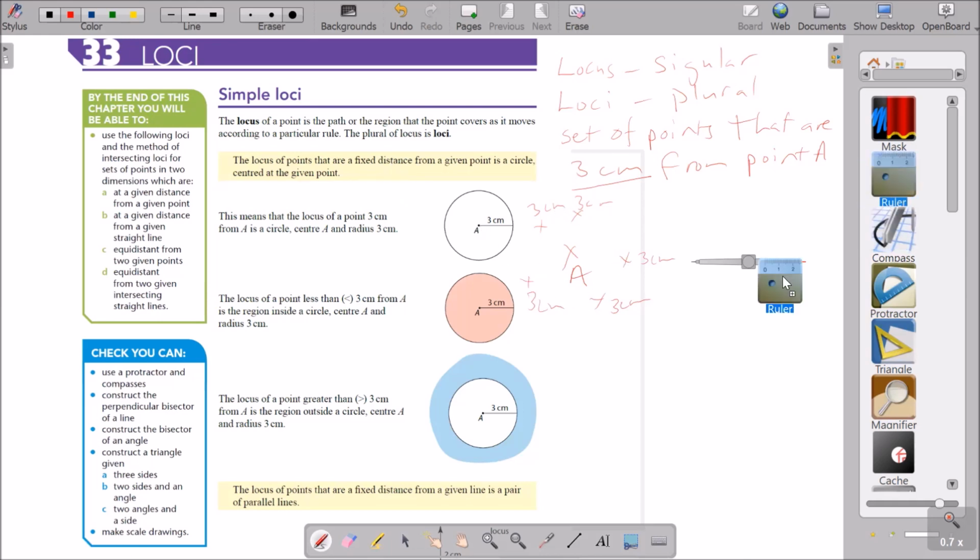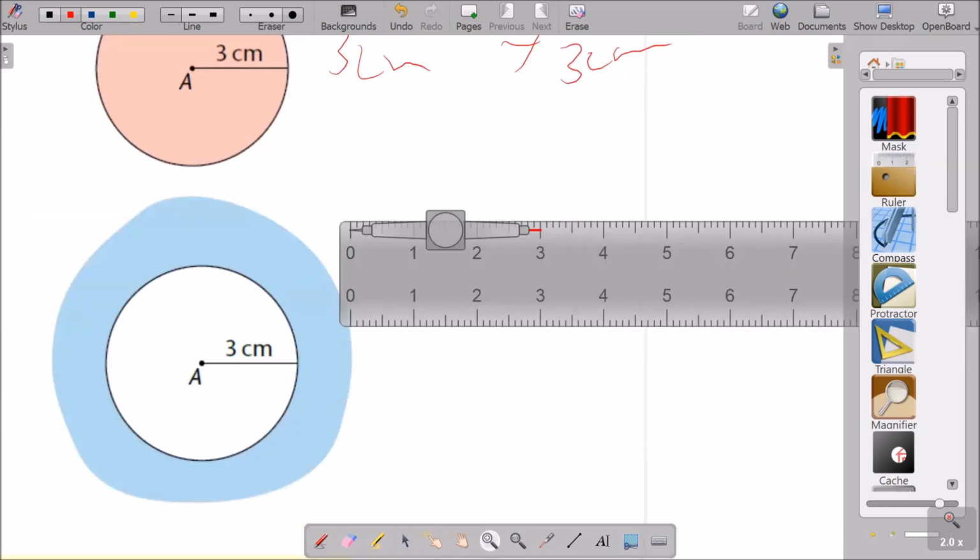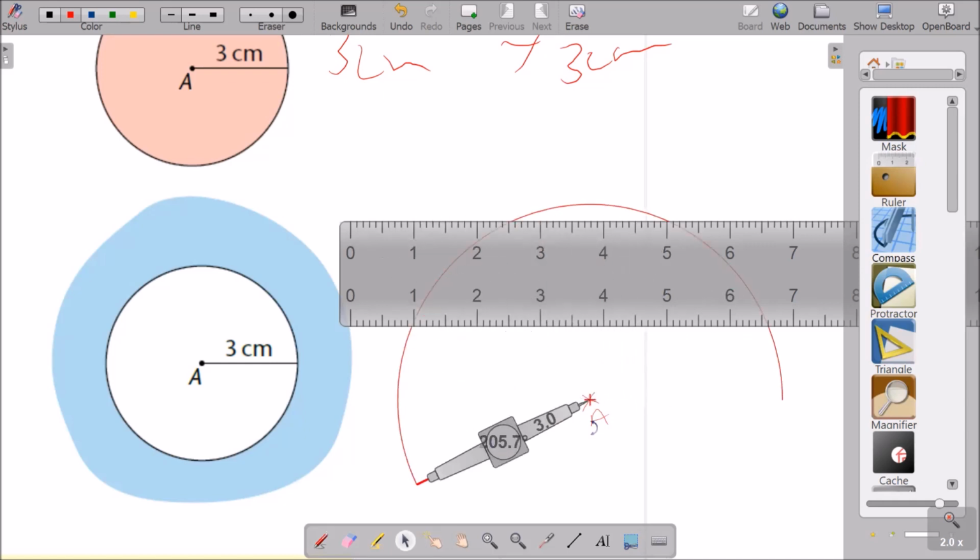So how do we do that? We take our ruler and our compass, and we measure 3 centimeters from a point A. We can construct all the points that are 3 centimeters from A. So this will be a circle.